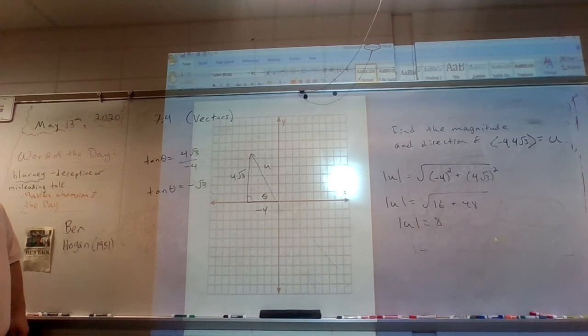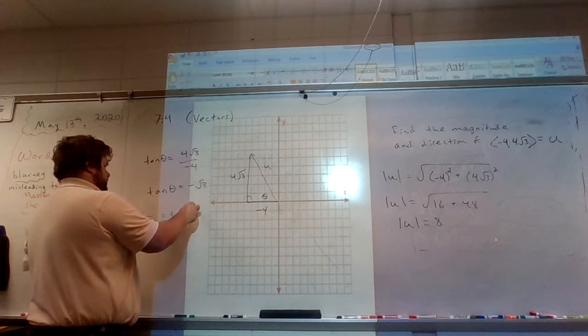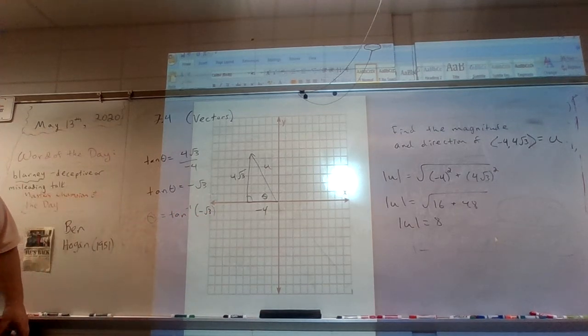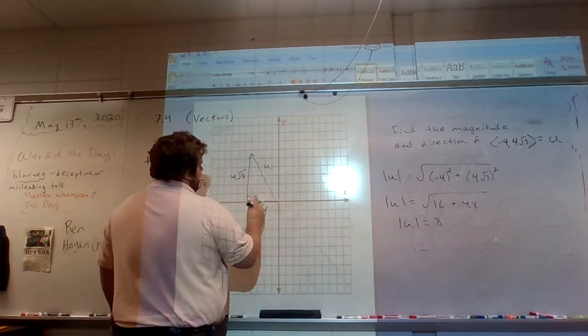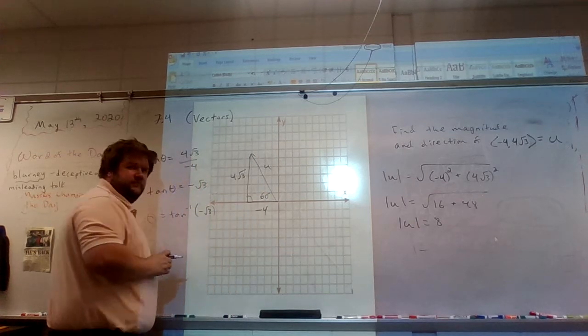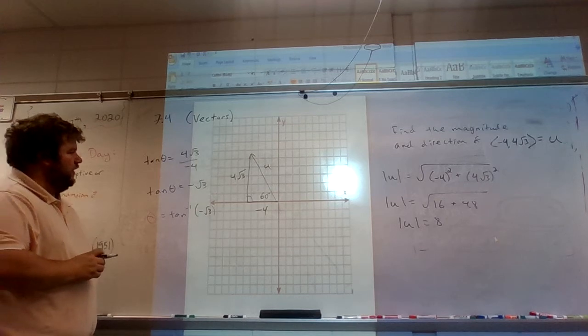So I could do the tangent inverse of, say, negative root 3. In degrees, we know that's negative 60 degrees. So really, this angle is like a 60-degree angle, though, in that sense. Okay?